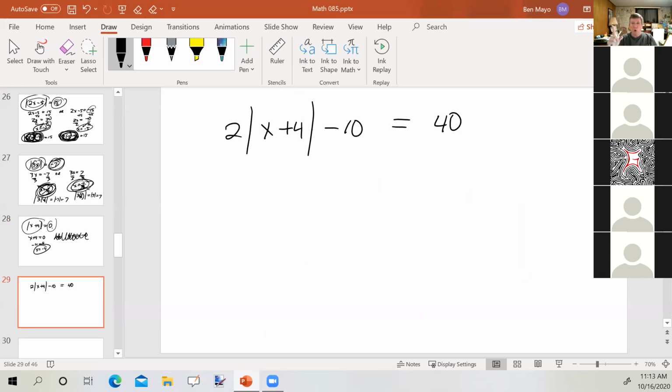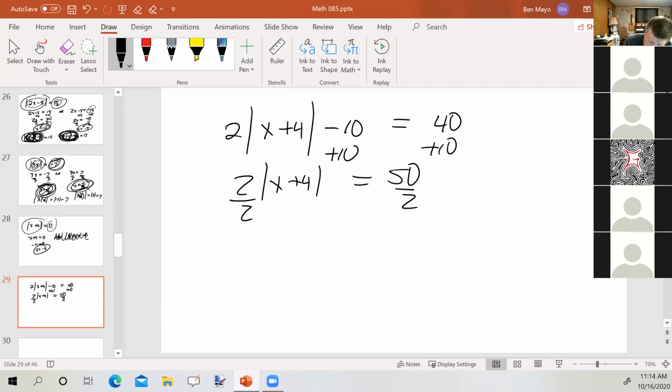If there's just one absolute value term in the equation, the first process you want to do is to isolate that absolute value expression. So what I'm going to do first of all is add 10 to both sides. I am not going to distribute. I am going to divide both sides by the 2.